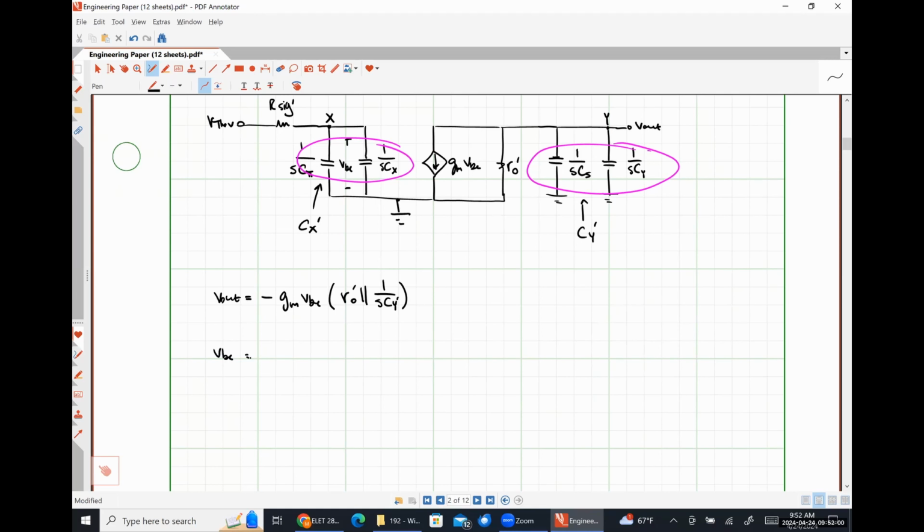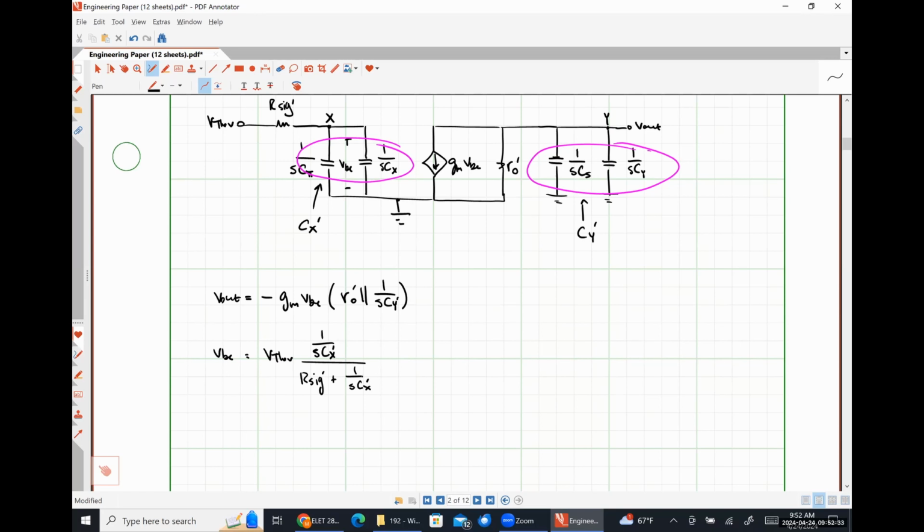What's VBE? Just use voltage division, right? So that would be VThev times 1 over SCX prime divided by R sig prime plus 1 over SCX prime. Prime, thank you.